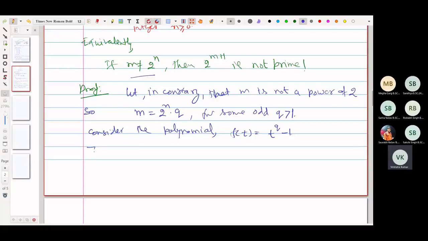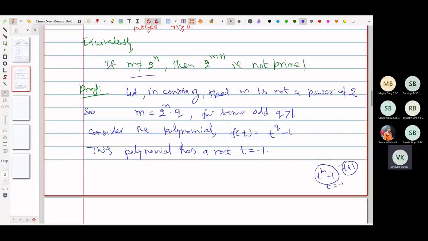Okay, so this polynomial has a root t equals minus 1. You know that when you are writing t to the power q minus 1, t equals minus 1 is going to be a root of this, or we can say that it is divisible by t plus 1.